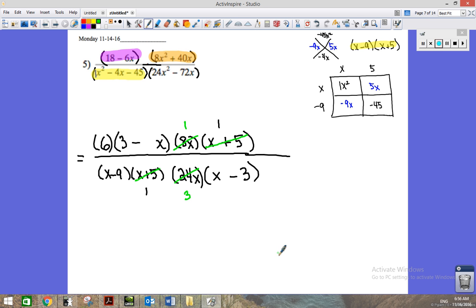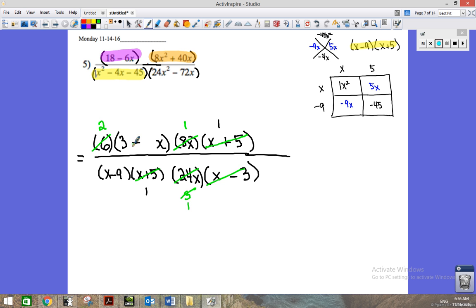Alright. And look here, 6 divided by 3. 6 divided by 3 is 2, so I put the 2 in the numerator. And from our discussion at the beginning of the video, 3 minus x and x minus 3 are opposites of each other. They don't divide to 1, but they divide to negative 1.